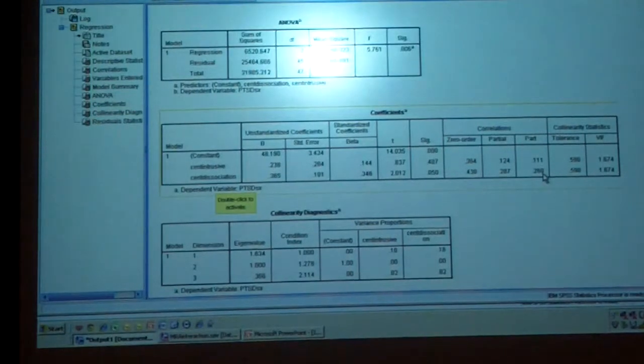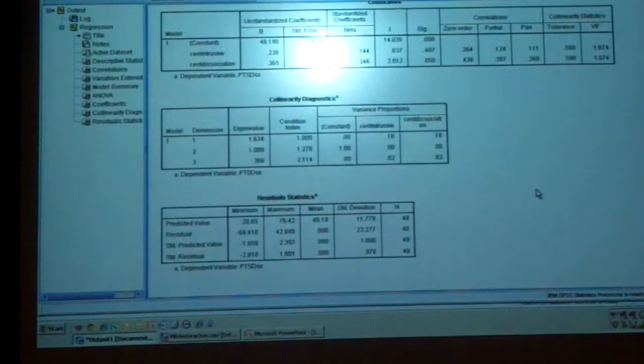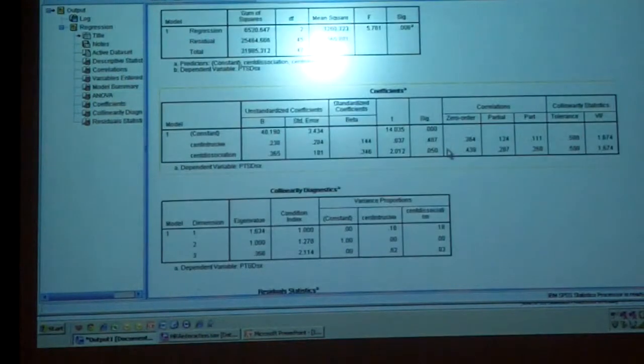It's written right there. 7% of the variance in PTSD symptomatology is accounted for by dissociation holding constant intrusive thoughts. Got it? Any questions on that output? That's the basic output without any interactions in it yet. So if you want main effects, there they are.